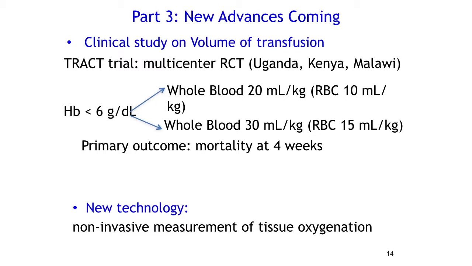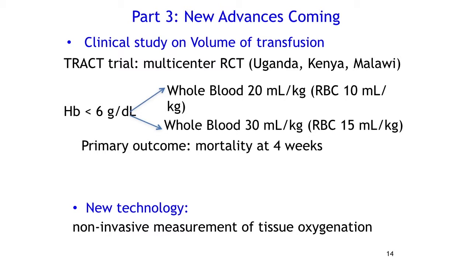And they are trying to question this guideline. They want to provide sub-Saharan evidence. WHO are telling us to give red cell concentrate at 10 mils per kg or whole blood at 20 mils per kg. Is this with evidence?